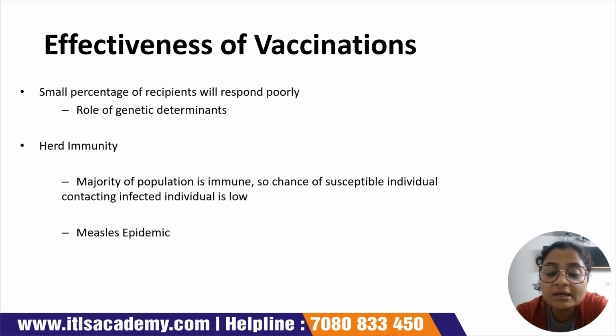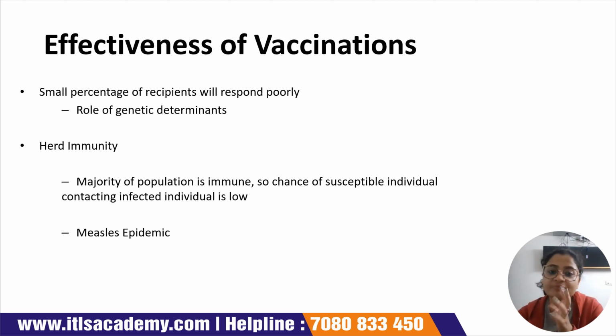So herd immunity is a term used in connection to those diseases which are contagious or communicable, infectious diseases. Okay, say for example COVID-19. So herd immunity is when around 70 to 80% of the population is already immune.